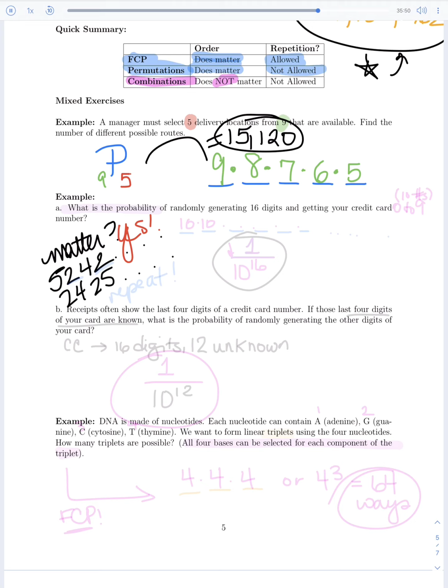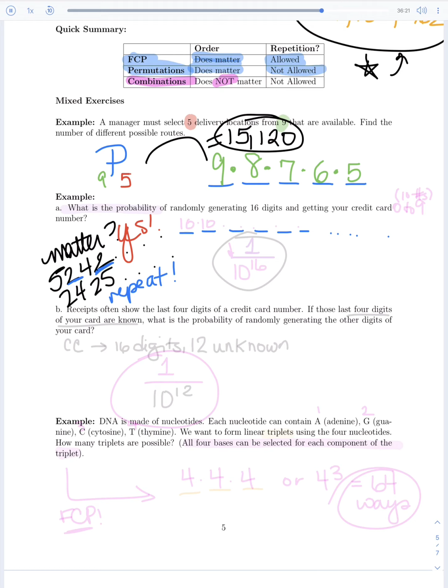So that means we need to use either the fundamental counting principle or permutations. The big catch here, and I can see it in my example, is that credit cards can do what? See the two 2s? We can repeat, which means I have to use the fundamental counting principle. So the idea would be I have 1, 2, 3, 4, 5, 6, keep on going, 16 slots to fill in.